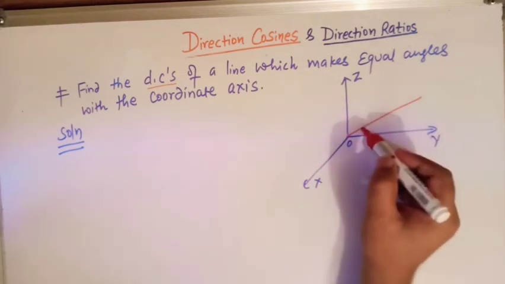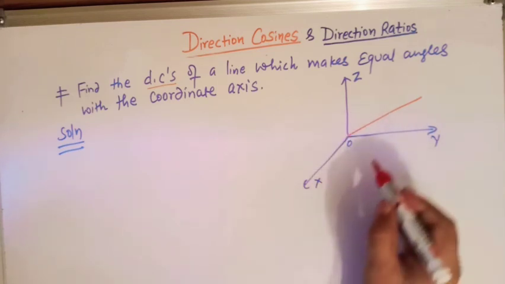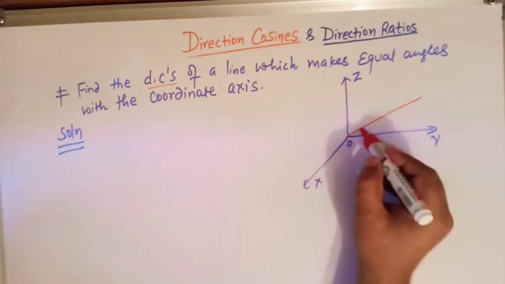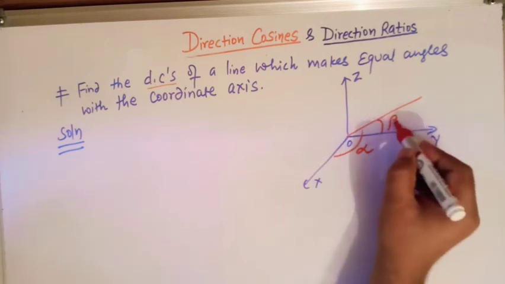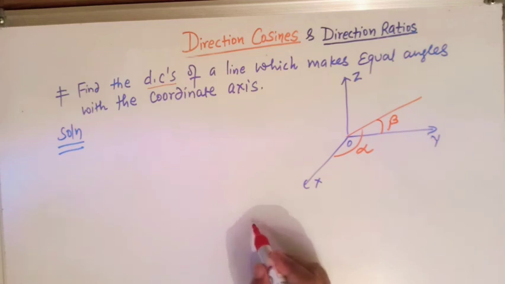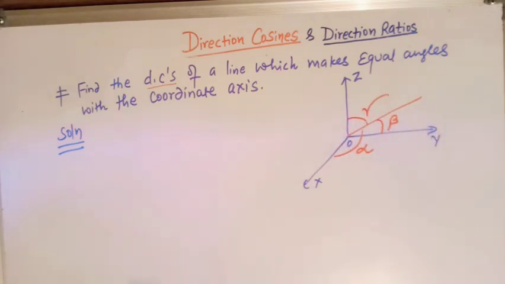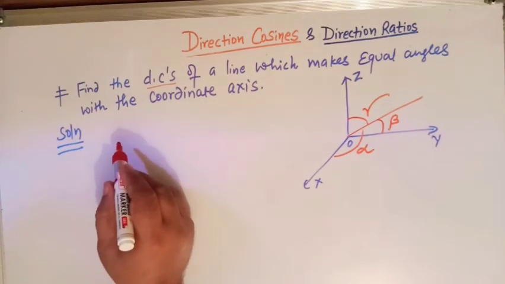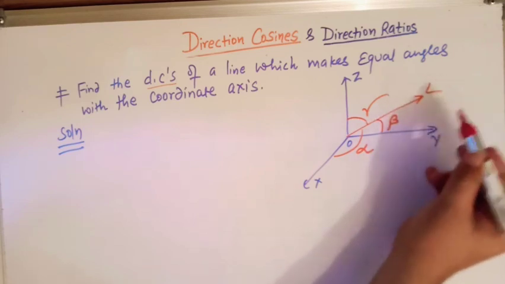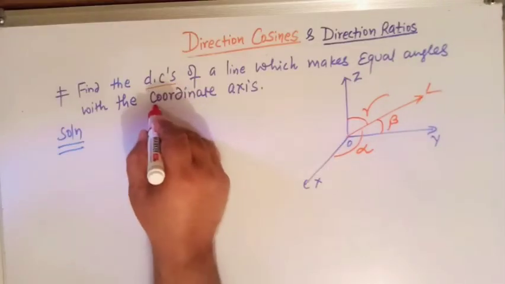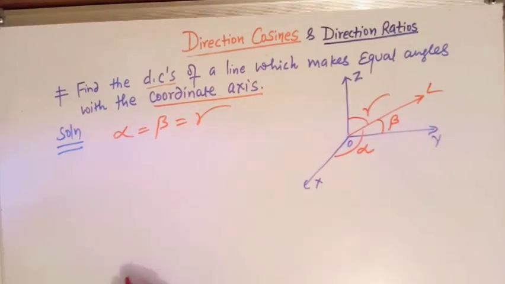Now this line makes equal angles with the coordinate axis, and suppose this line makes angle alpha with x-axis, beta with y-axis, and gamma with z-axis. Now here we are given that this line makes equal angles with the coordinate axis. So alpha is equal to beta is equal to gamma.